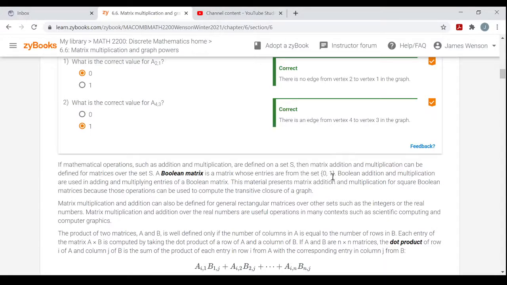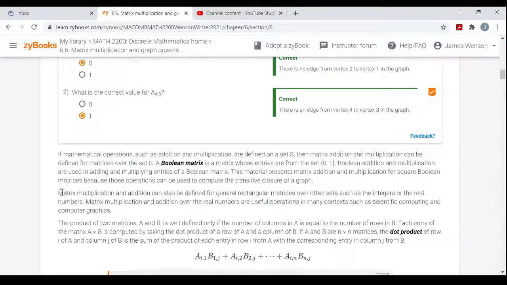So all zeros and ones. And we have seen Boolean addition and Boolean multiplication, right, back in chapter 5. So they're used in adding and multiplying entries of a Boolean matrix. So this material presents matrix addition and matrix multiplication for square Boolean matrices.